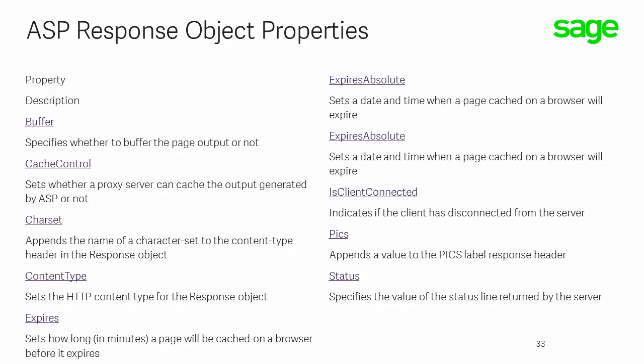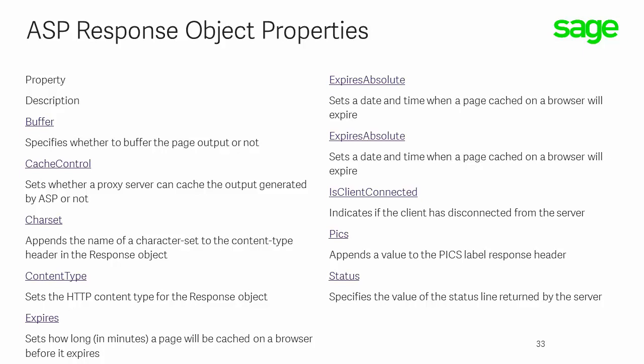So we've got lots of properties that we can use here. Properties tend not to be used so much within the context of CRM because most of how things are set is really done inside the CRM objects themselves.